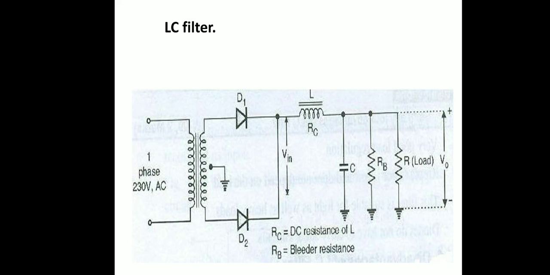There are two diodes, D1 and D2, used in the diagram. One inductor, you can say a choke, and one capacitor are used, and the resistive load as shown in the figure. Now let us discuss this diagram. LC filters.